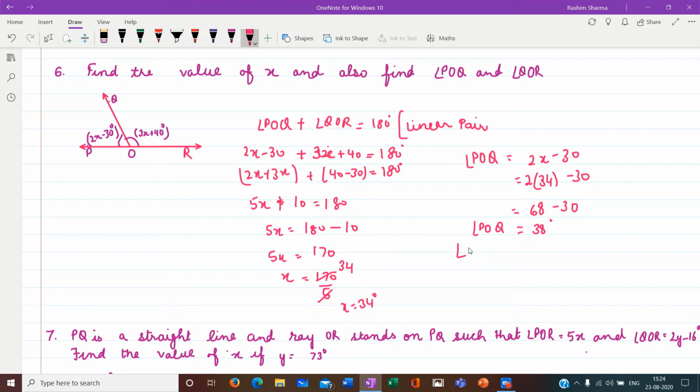Next we have to find angle QOR, that is equal to 3x plus 40, and we put the value of x as 34. We get 3 into 34 plus 40. This is equal to 102 plus 40, so 142 degree is angle QOR. So we got both angles.